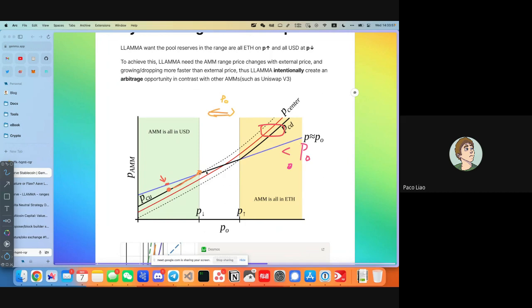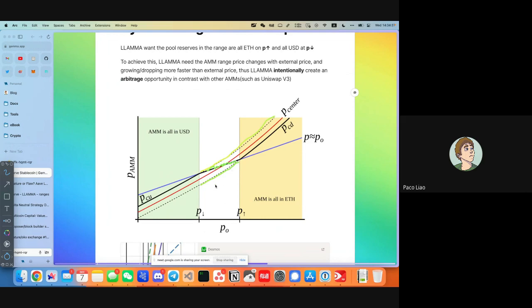Because it's in range, people will usually trade around the market price. So the AMM price will be around the market price, like this line. This dashed line is still the P_cu, the upper price, and this is the lower price. So within this range, people will trade around this price, and the tokens in the pool are both USD and ETH.